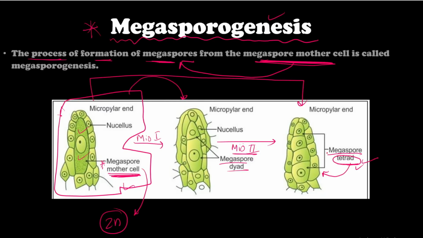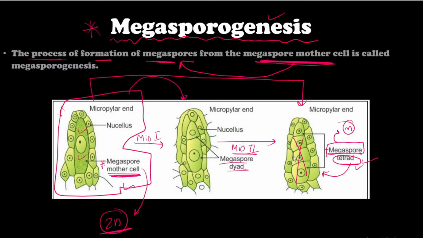What is the difference between megaspore and megaspore mother cell? Megaspores are haploid in nature, while, as we have discussed, the megaspore mother cell is diploid in nature. Coming to the further process, out of these four megaspores, three will disintegrate.